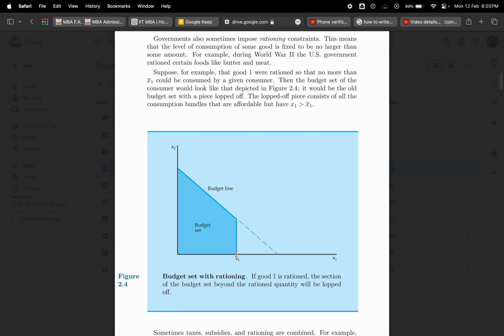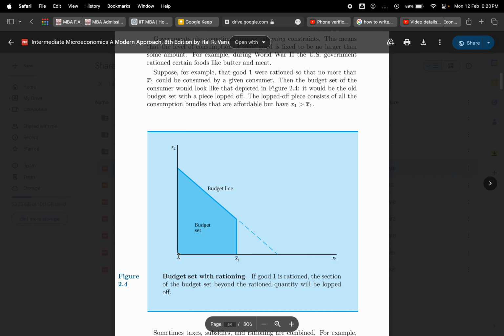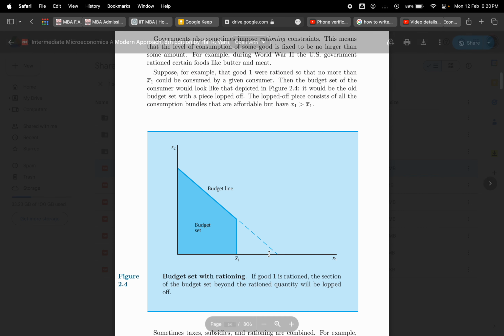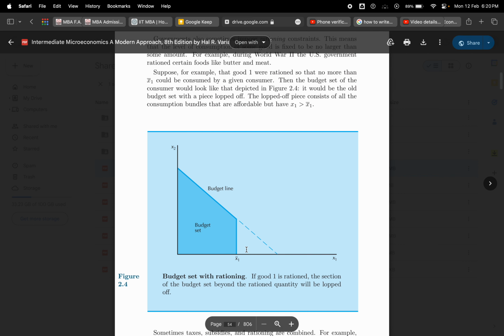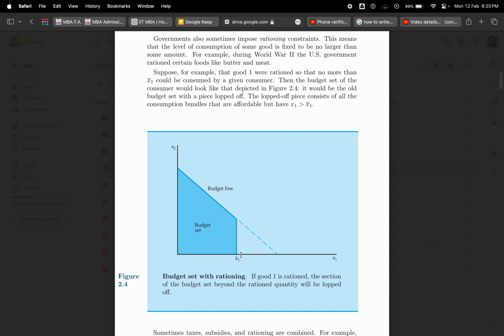So what the government has done is, let's imagine these are apples and these are oranges. So the government says that we have less number of apples because of some sort of an insect or parasite that ate most of the produce.